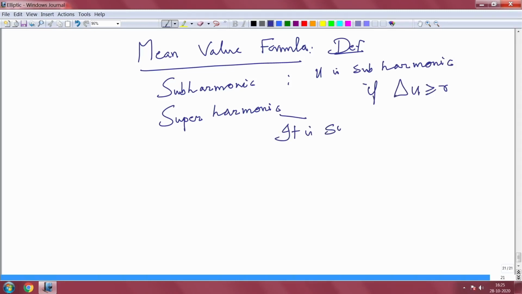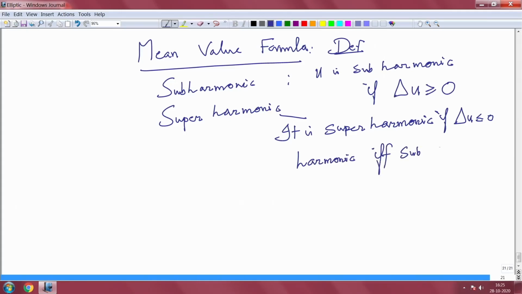It is superharmonic if Laplacian of u is less than or equal to 0, and harmonic, of course, if and only if it is subharmonic and superharmonic.